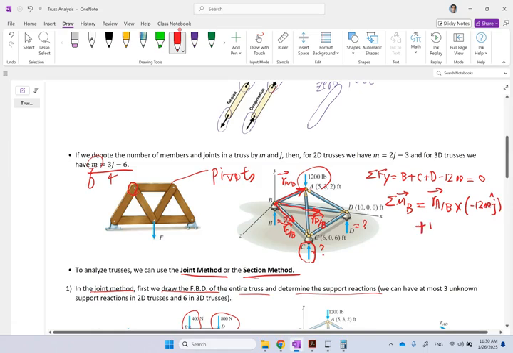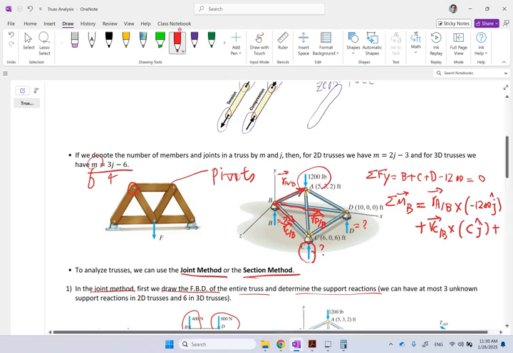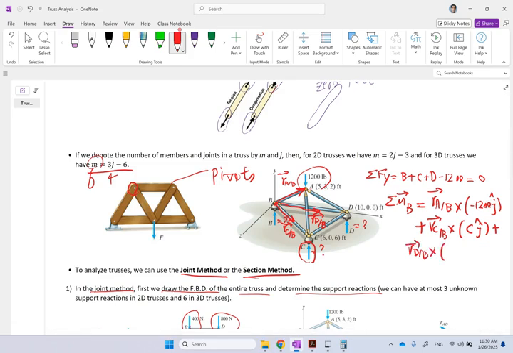And then plus R of C slash B cross what? The force at C is just C in the J direction. That C is an unknown. Plus R of D slash B cross D in the J direction. This is equal to vector 0.